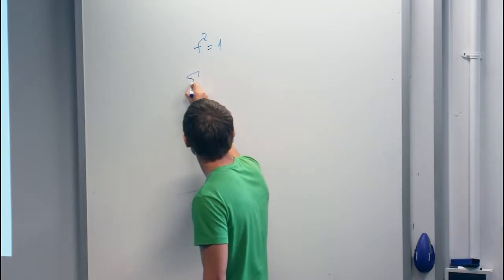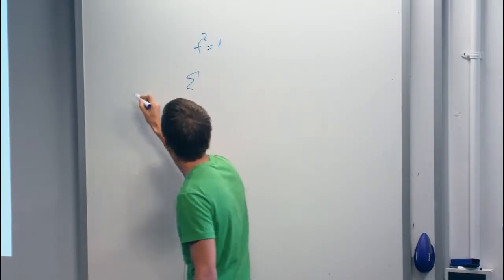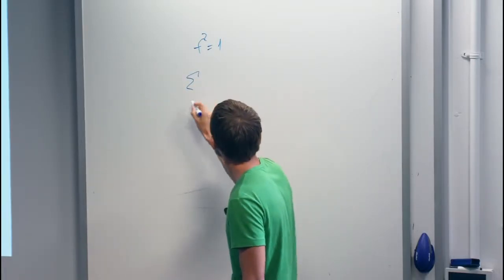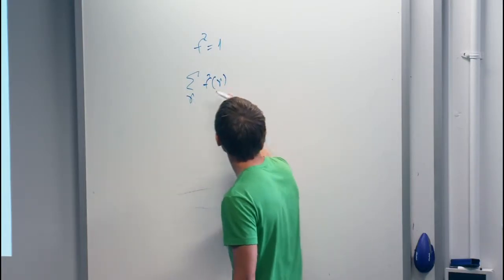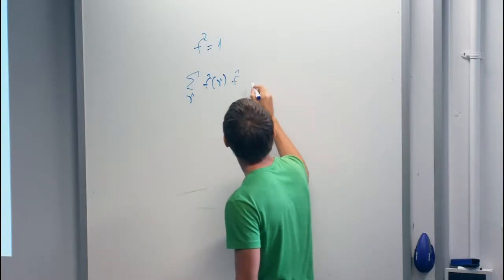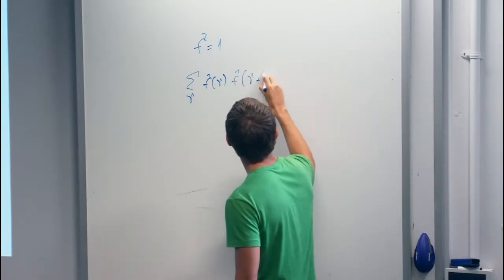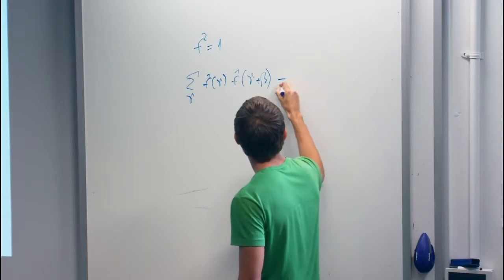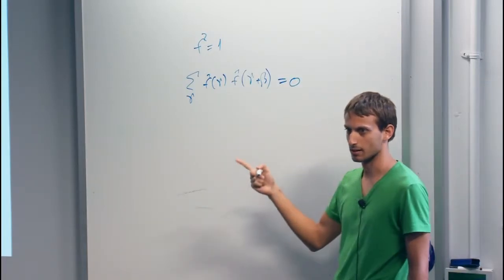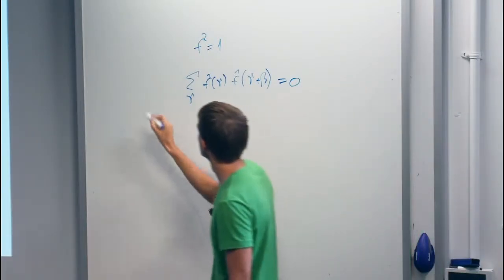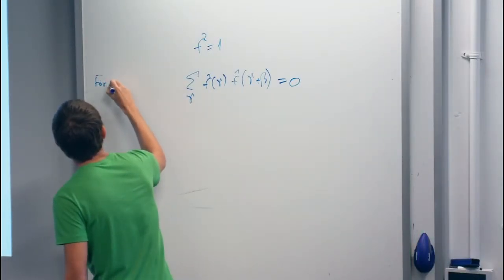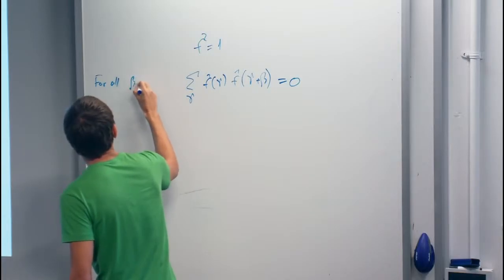And in the Fourier setting, that means that for all non-zero beta, you have that the sum over gamma of f hat of gamma times f hat of gamma plus beta equals 0. That's convolving f hat with itself, for all non-zero beta.